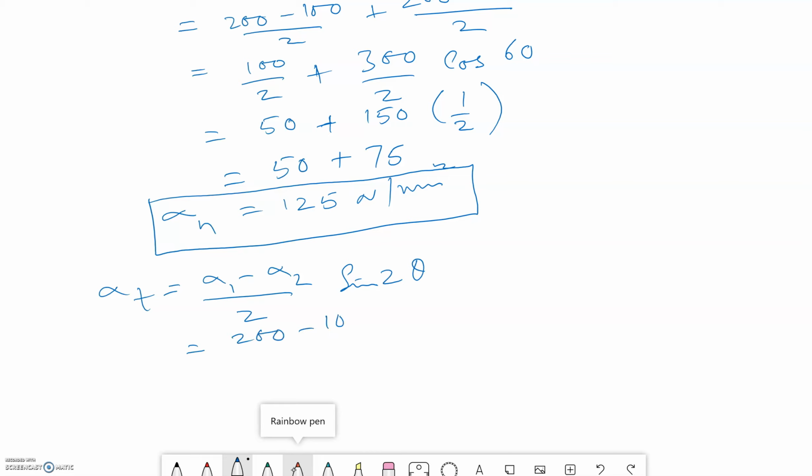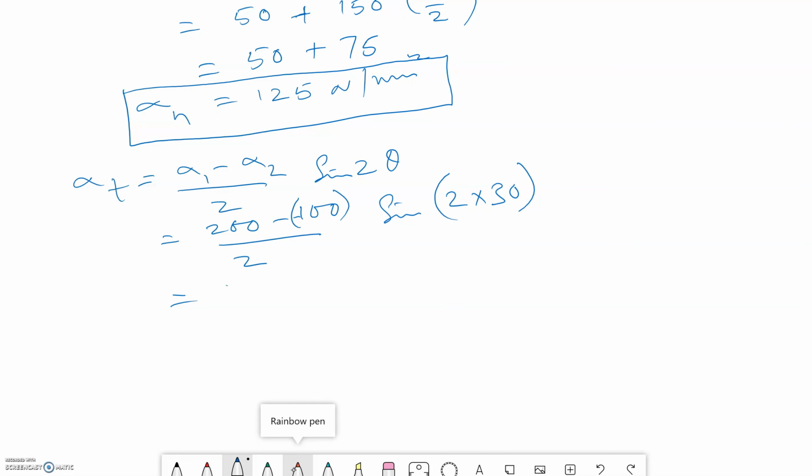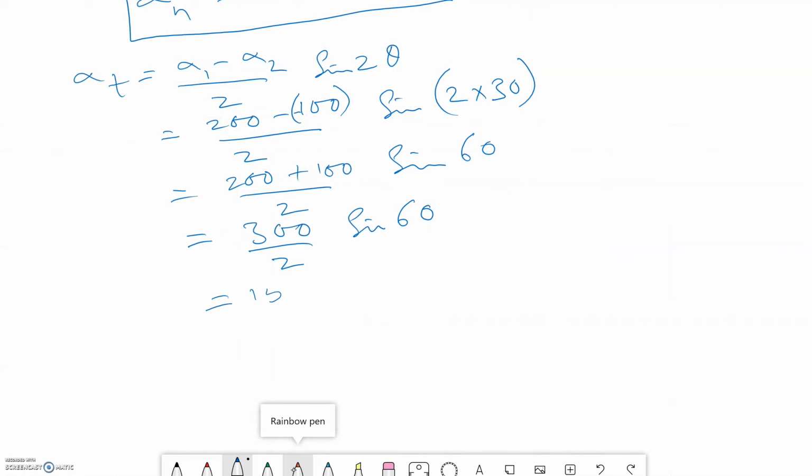That is (200 plus 100) by 2 sine 2 times 30, which becomes 300 by 2 sine 60. 300 by 2 is 150 times sine 60, which is 0.866.